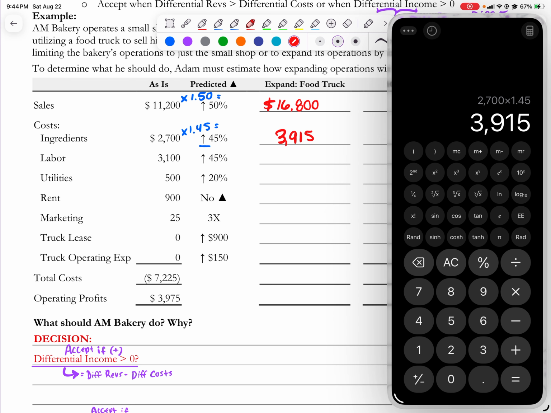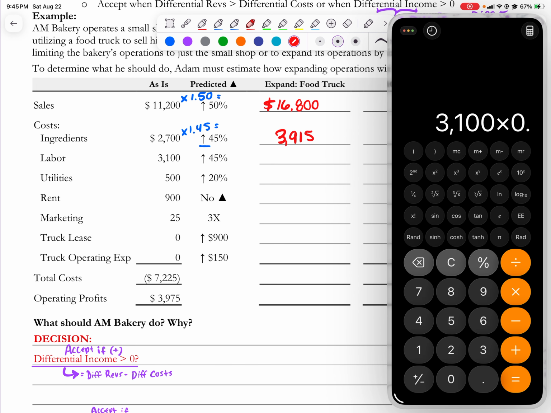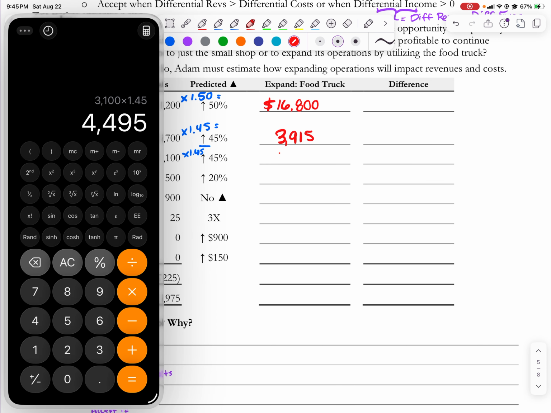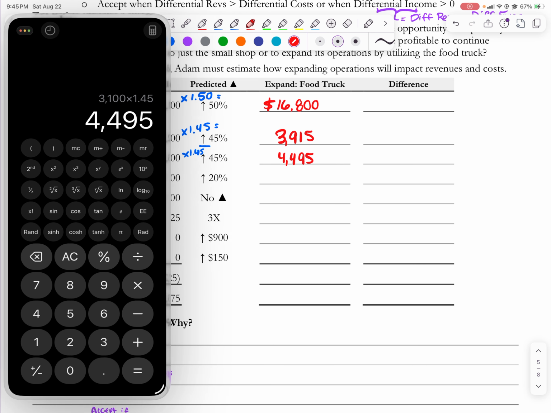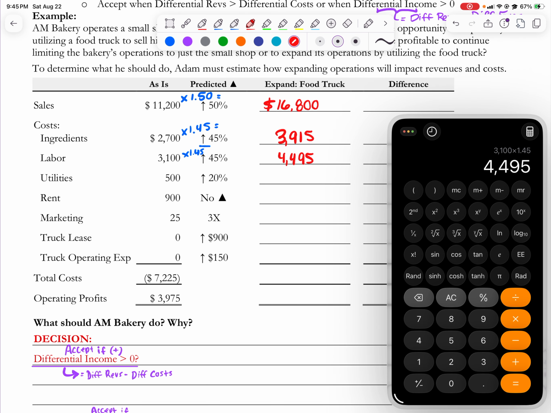Labor cost going up by 45%, so times 1.45, is $44.95. $500 going up 20% for utilities, so times 1.2, 500 times 1.2. Total is 600 with the food truck.